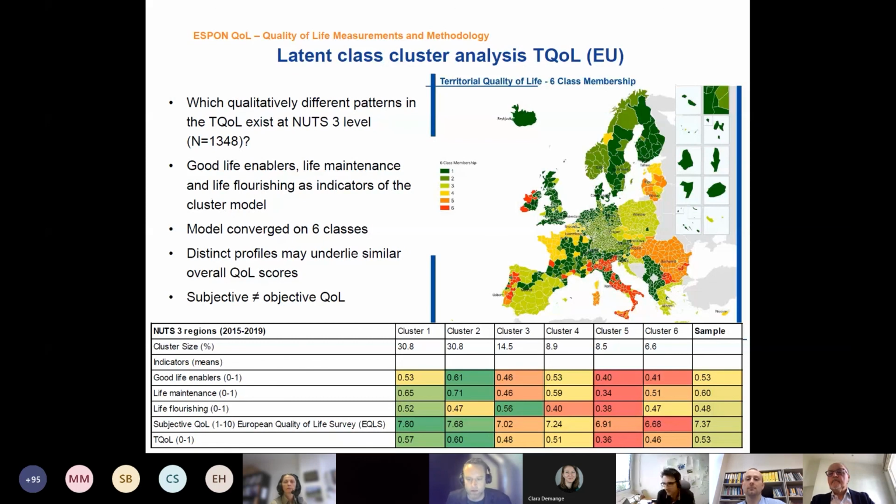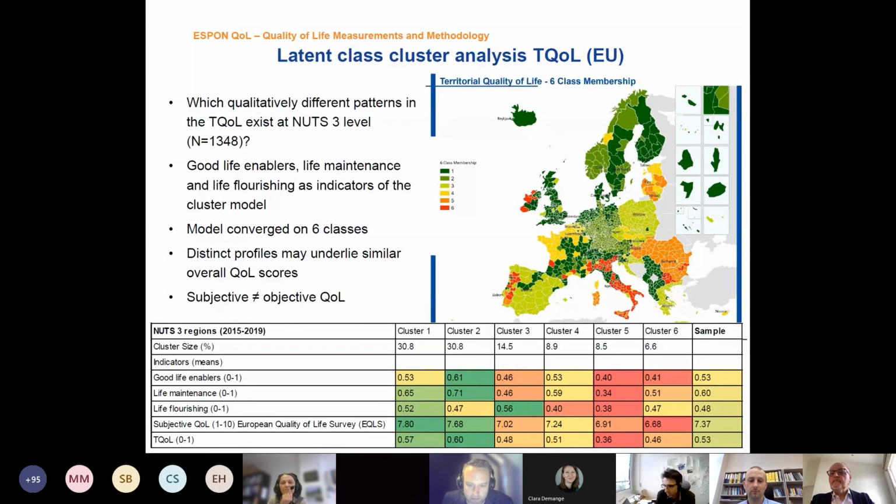And then the fifth and sixth are basically the poorest scoring clusters. But there it's interesting to see that the fifth cluster performs poorest on all 3 dimensions, but the subjective quality of life as rated by people living in these areas is actually higher than in the sixth cluster.